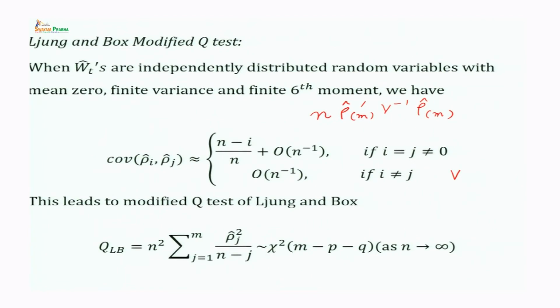If this calculated value is greater than the tabulated value, then we reject the null hypothesis, and then we say that your estimated residuals do not follow white noise or purely random process. So, you must look at your model again, and if this hypothesis is accepted, then you say that your residuals follow purely random process. These residuals are at least uncorrelated.